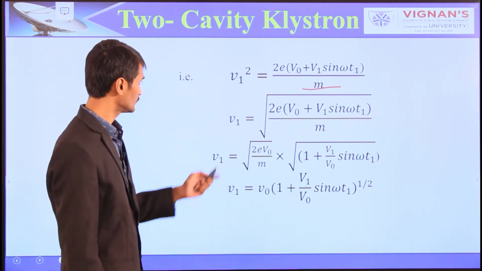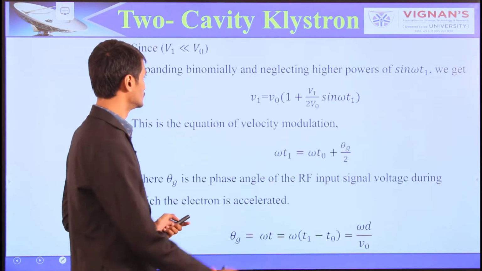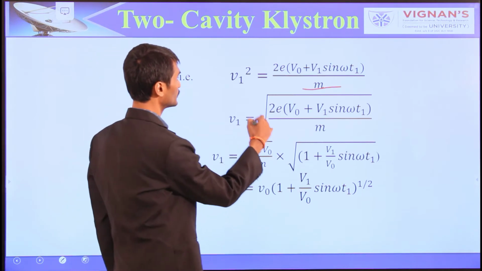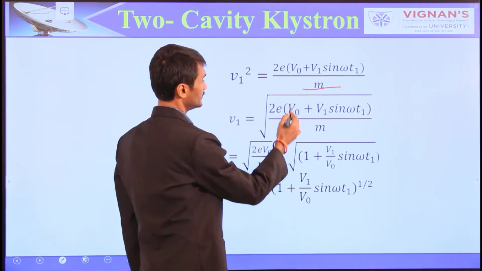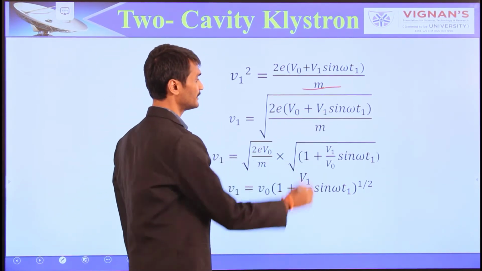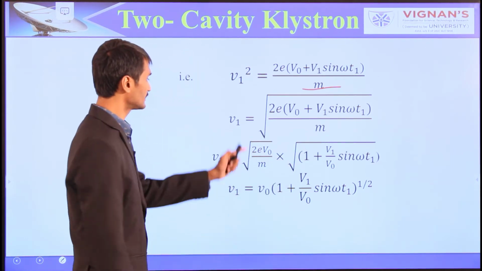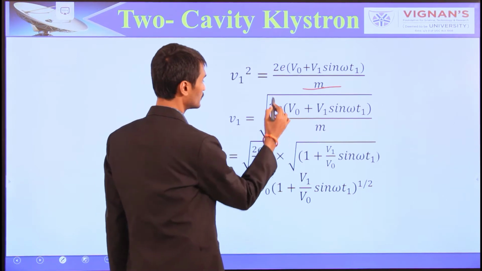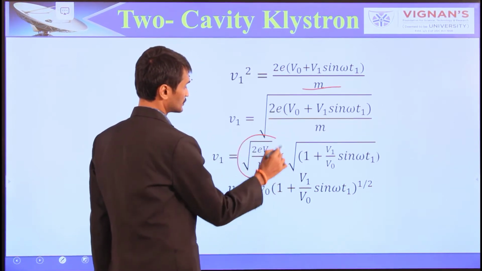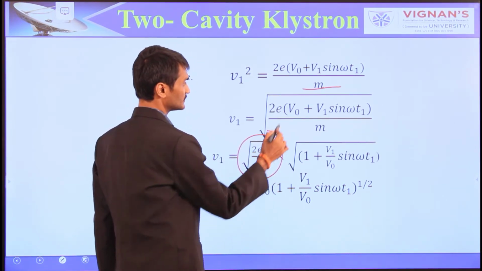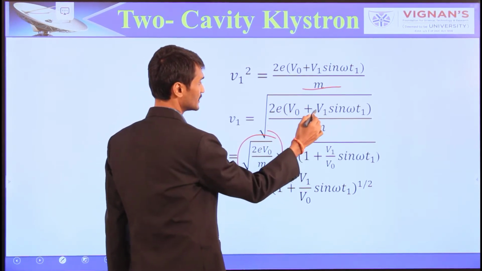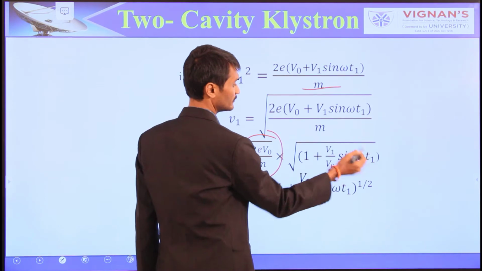So from this, v1 is equal to square root of 2e into V0 plus V1 sin omega t1 by m. Here I am taking the term as common, square root of 2eV0 by m. After taking this common, the remainder is 1 plus V1 by V0 sin omega t1.